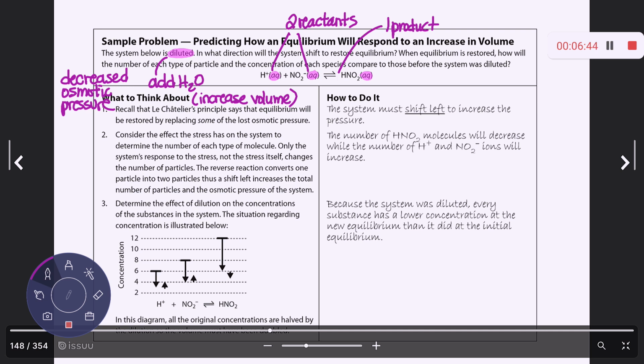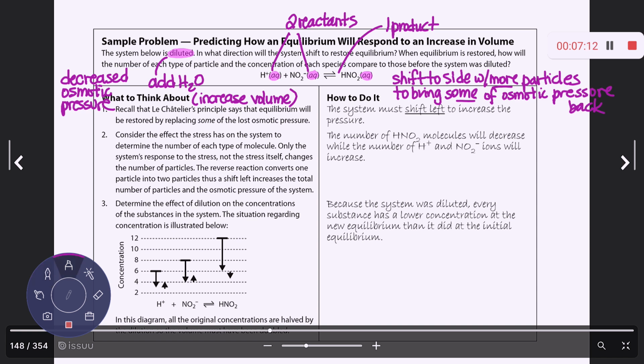That means you need to shift to the side with more particles. Okay, so that's why we end up shifting to the left.